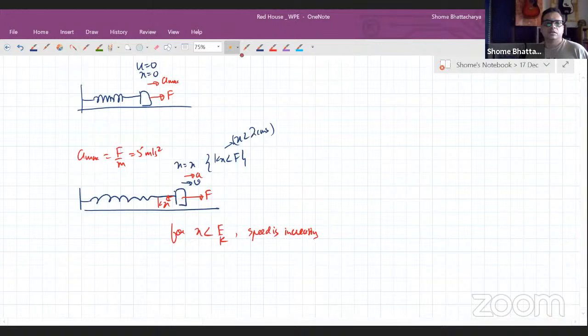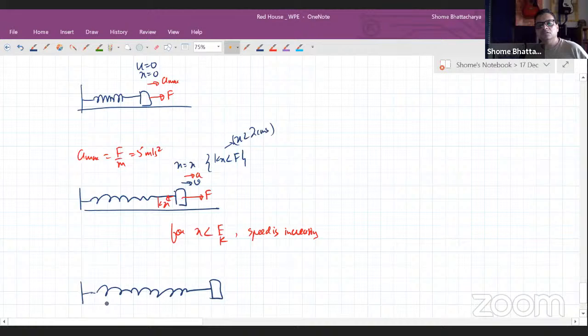Okay, but the moment we cross the point, or first let's say we reach a position where momentarily the acceleration becomes 0 in this. Okay, why? Because F is equal to kx at this point of time. So when you solve this, x will be 2 centimeters.